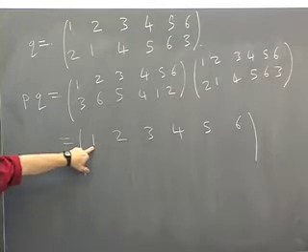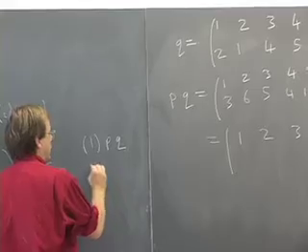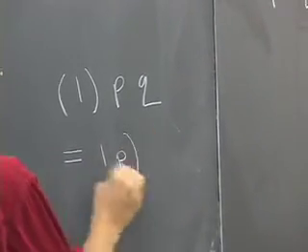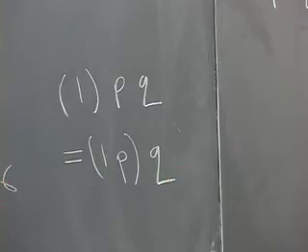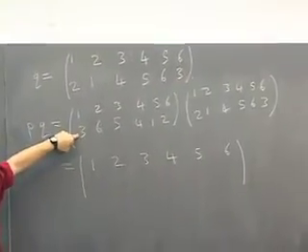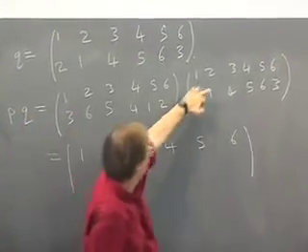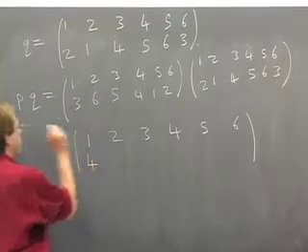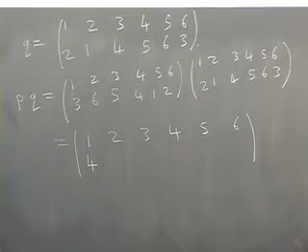I have to figure out where 1 goes. So I have to figure out what's the image of 1 under the product PQ, which is the same as 1 acted on by P and then acted on by Q. So 1 under P goes to 3, and then under Q, 3 goes on to 4. So it's 1, 4.